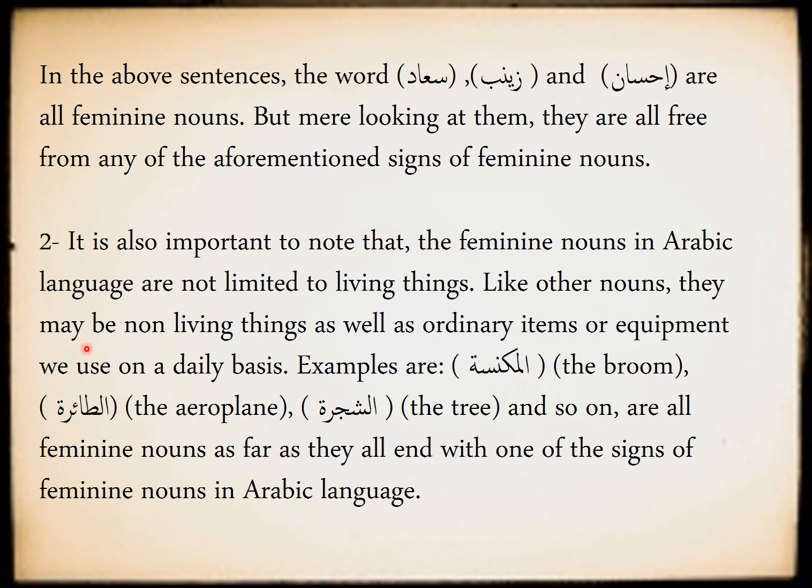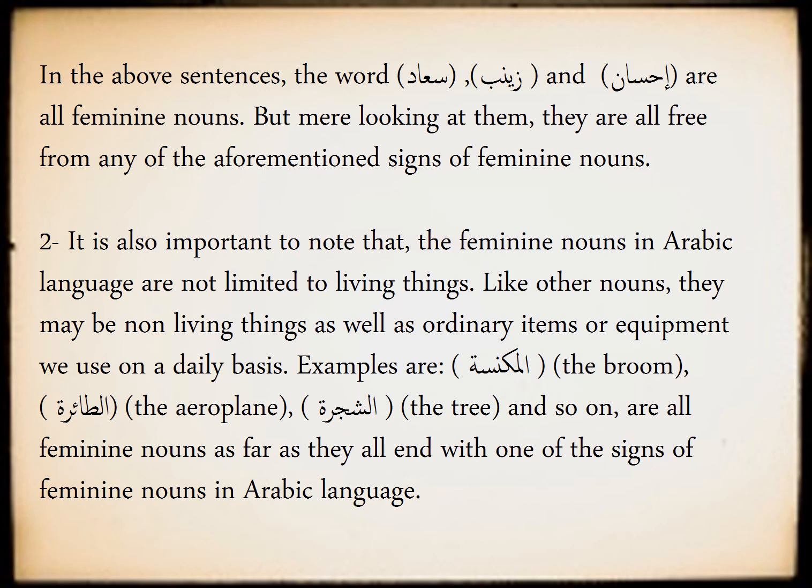In the above sentences, the words Suadu, Zainabu, and Ihsanu are all feminine nouns, but on mere looking at them, they are all free from any of the aforementioned signs of feminine nouns.